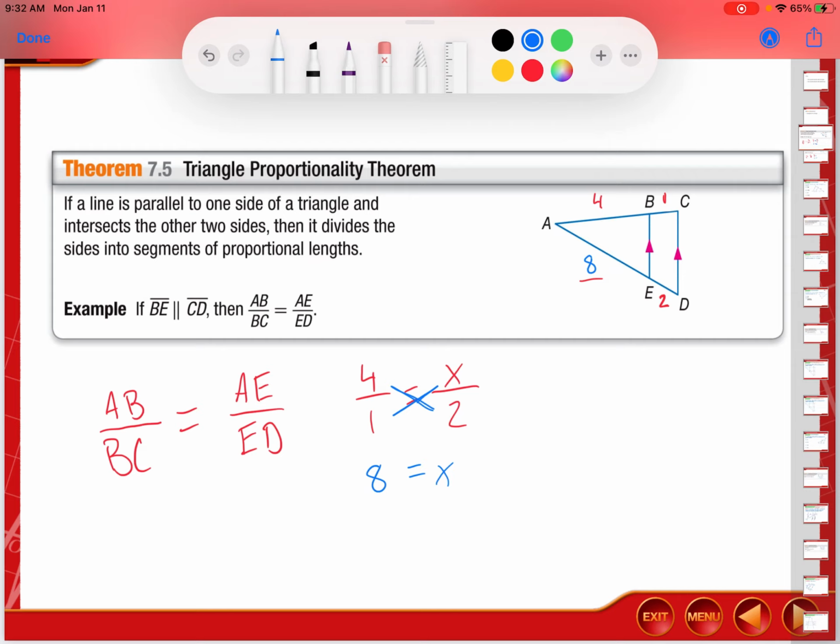Some people like to do what they call cross canceling, and then they cross multiply. Let's set it up again down here in blue. So we would have 4 over 1 equals x over 2. So they would say, okay, we have a 2 on the bottom and a 4 on the top, so I can divide both of those by 2, which would leave me with 1, and this would leave me with 2.